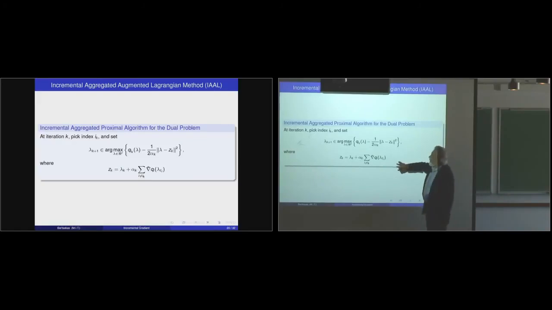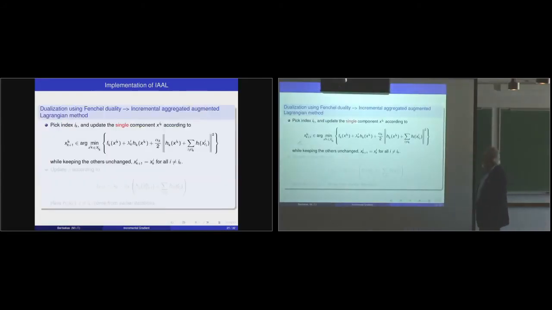The aggregated method, again, picks a single dual function component, recenters the proximal term by moving in the direction of the gradients of previous components, and then does again this minimization. Again, you have the structure, maximization of a concave and a convex function, and after you use that, here's what you get.